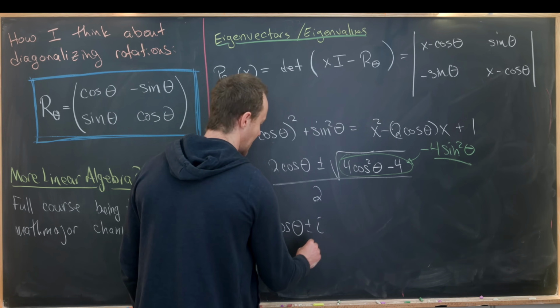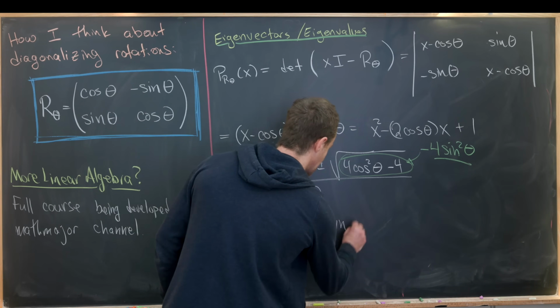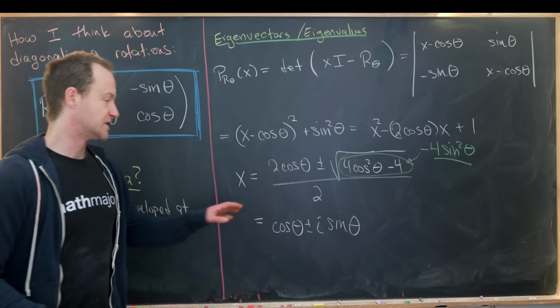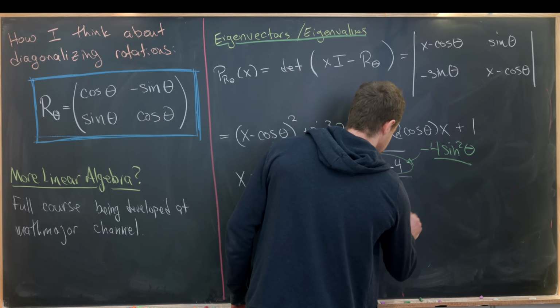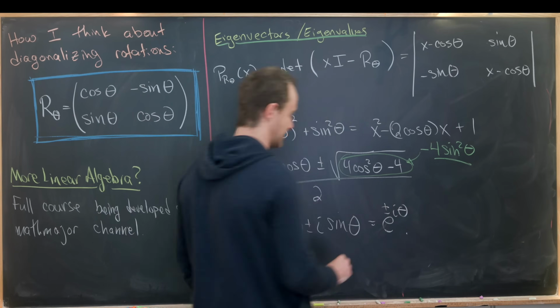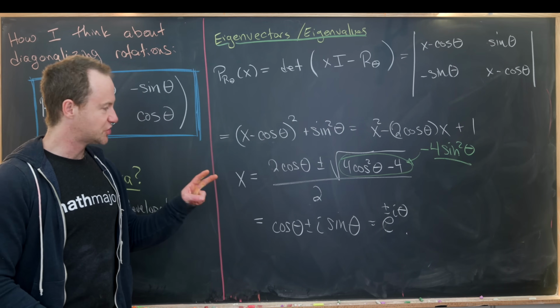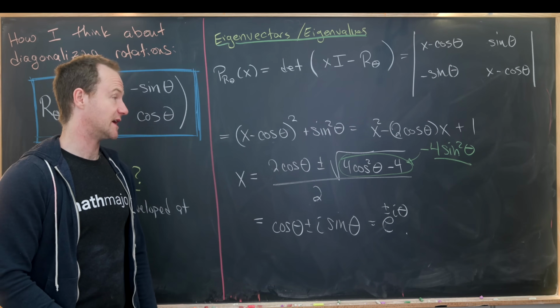That gives us an i and a 2, which cancels with this 2, times sine theta. So we have cos theta plus i sine theta, which we can rewrite as e to the i theta, or plus or minus i theta. So we have 2 eigenvalues, e to the i theta and e to the minus i theta.